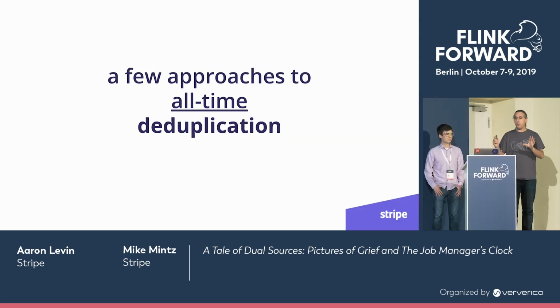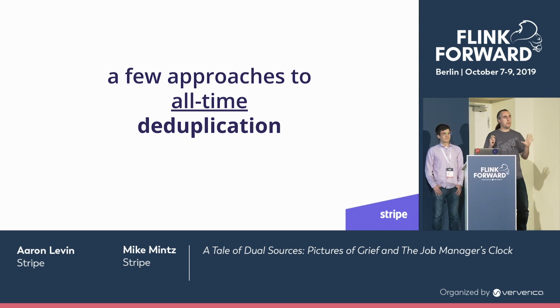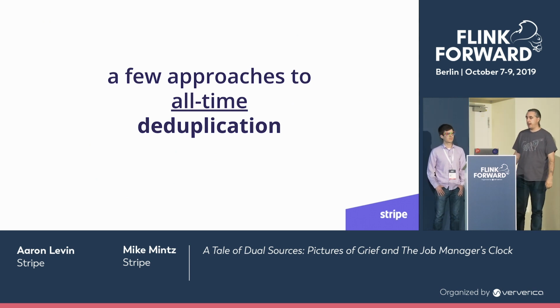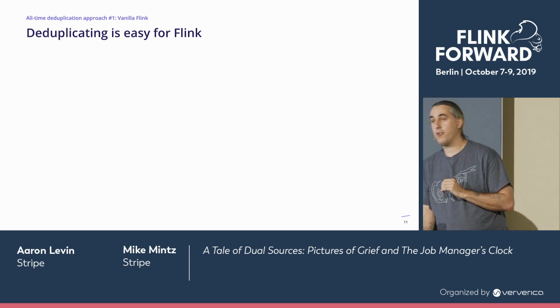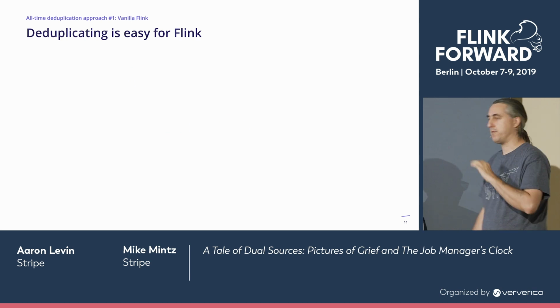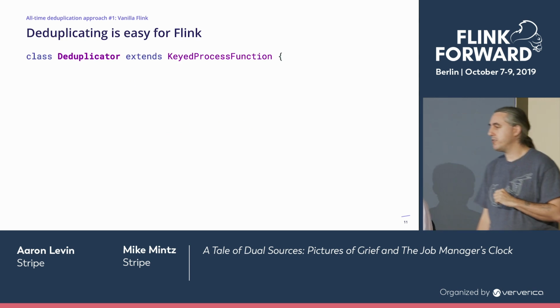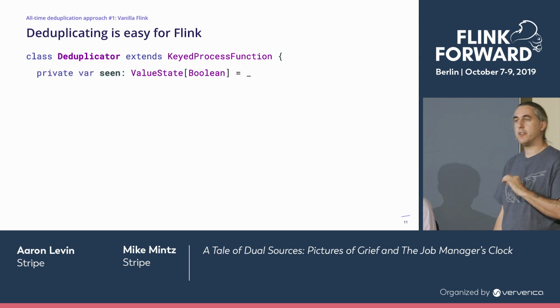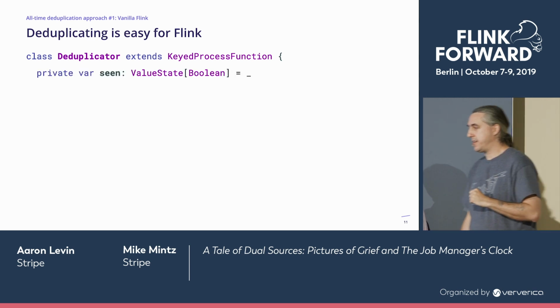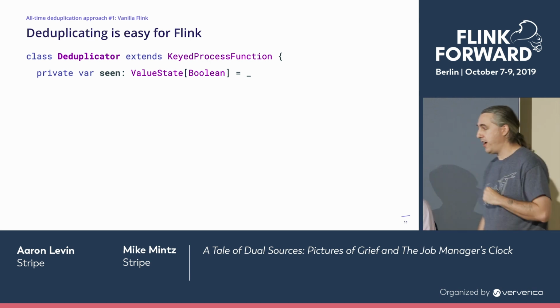So here's a few ways we tried to tackle the problem of deduplicating Stripe's ledger in real time. We felt that Flink would be the perfect platform to write our deduplicator. After all, an idyllic deduplicator fits within Flink's model quite well. The platonic deduplicator starts as a keyed process function. It has a single state variable, seen, that tells us whether we've seen the event or not.